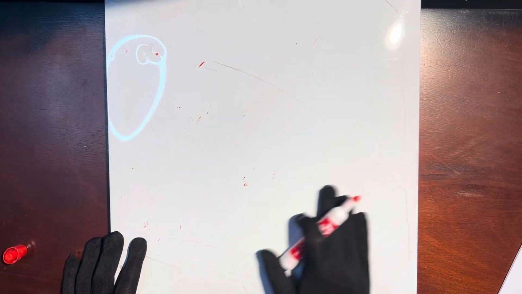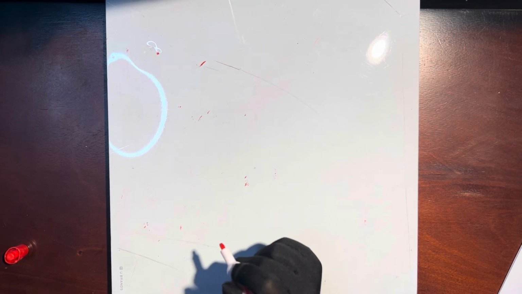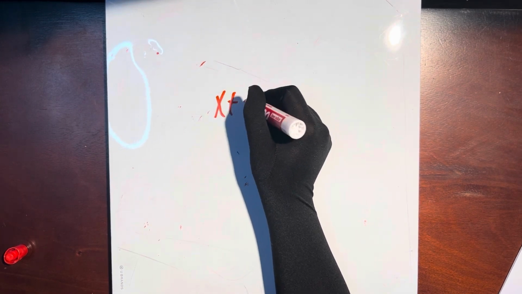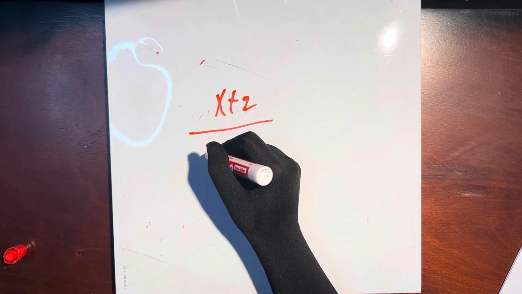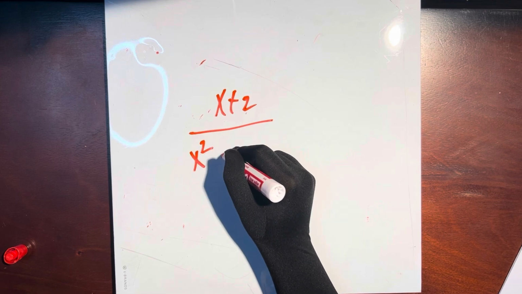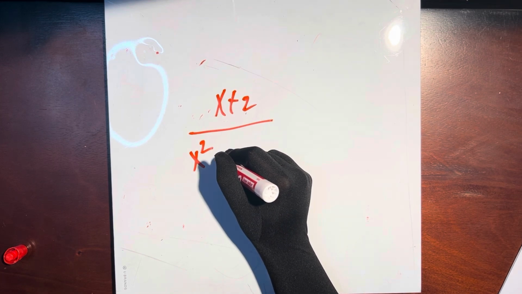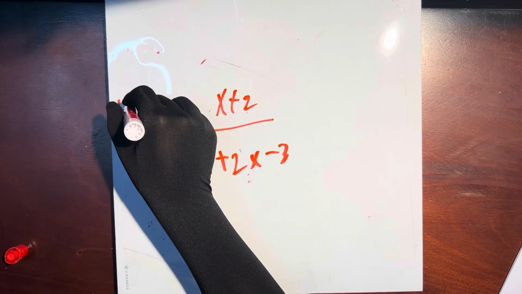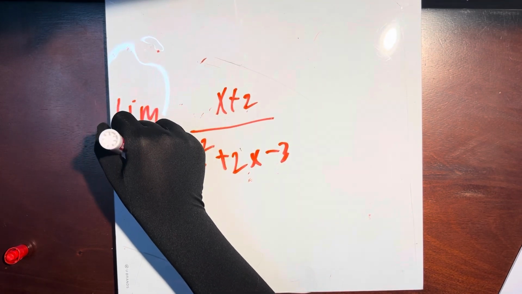Next, we're going to be evaluating limits when you can just plug the number in. So let's say you have x plus 2 over x squared plus 2x minus 3, and your limit is x to 2.